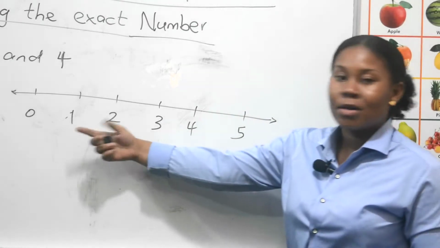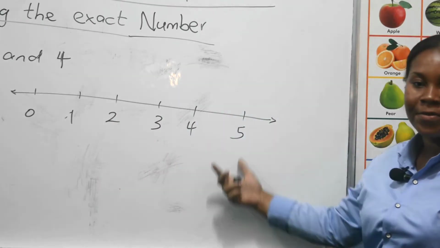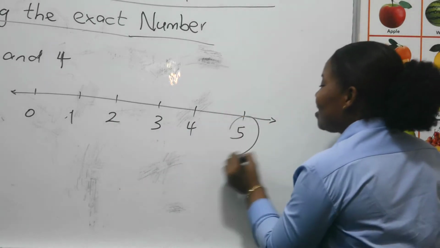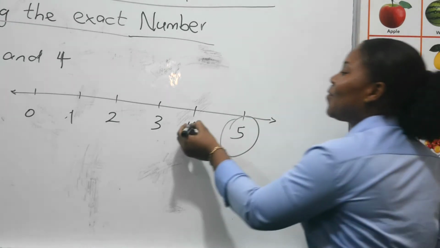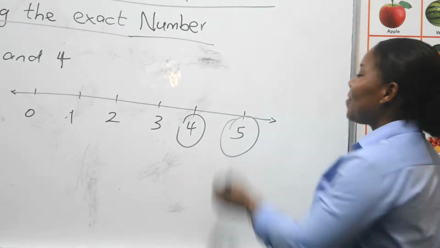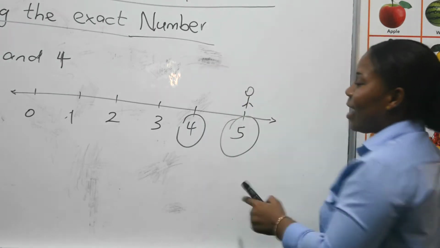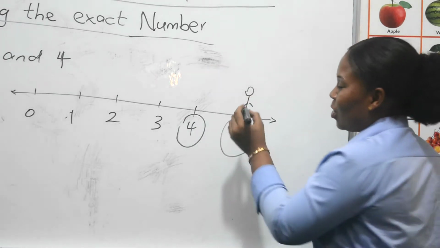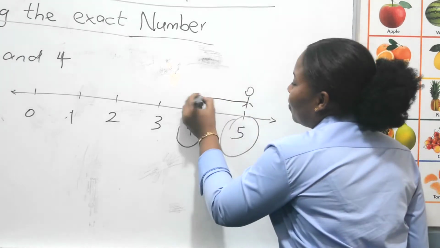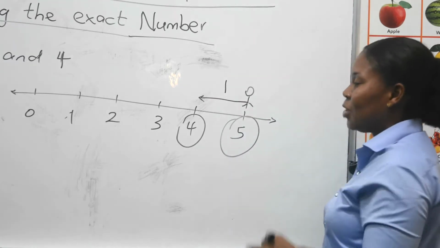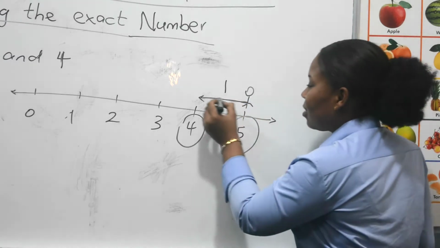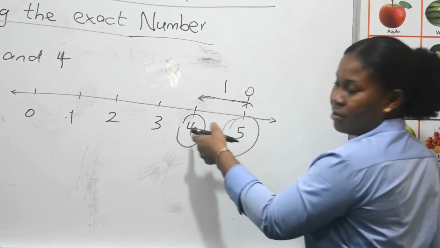So 0, 1, 2, 3, 4, and then 5. So the 5 is here. You can identify the 5 on the number line. This is 5. And 4 is here. So if Amma is standing here, and Amma wants to move to 4, she will move only 1. So the difference is what? 1. She moved only 1, and then she reached 4.